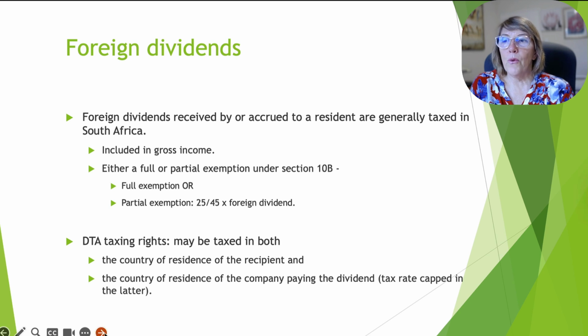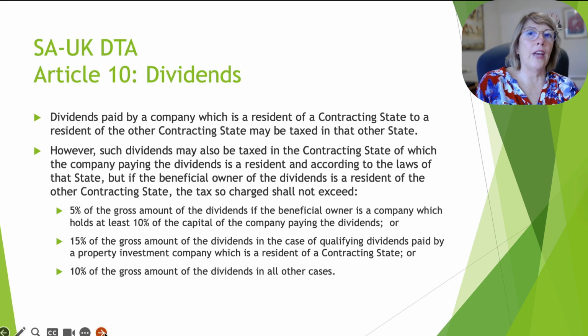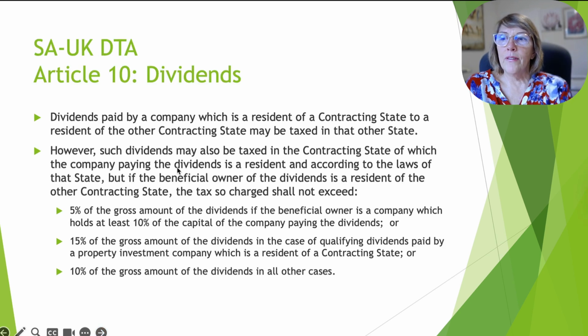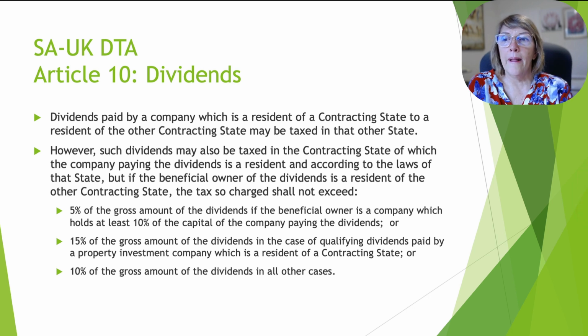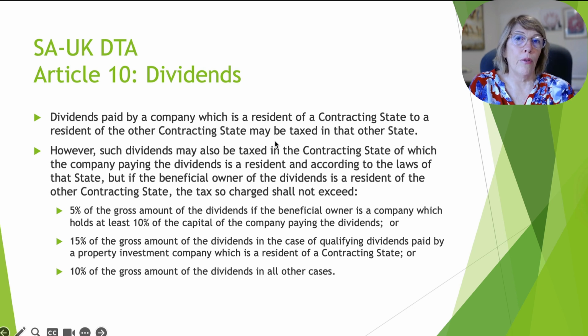So, for example, if we look at the South African UK double tax agreement, dividends paid by a company which is a resident of a contracting state to a resident in the other state. So let's say a company in the UK paid to a resident in South Africa may be taxed in that other state. Now, where it says may, it means it could be taxed in both the source country and the residence country. However, such dividends may also be taxed in the contracting state where the company is based, all right?